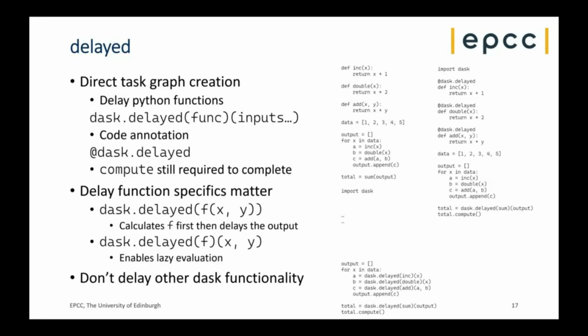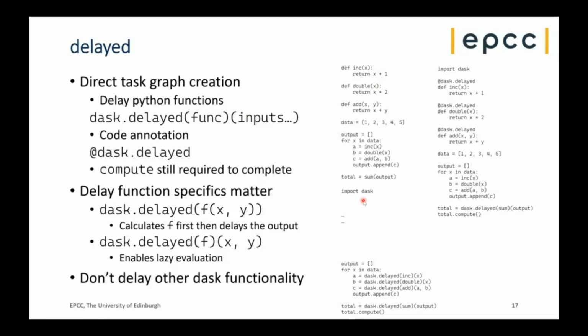Okay, and as I said before, it's also possible for you to not necessarily use any of these underlying data structures from Dask, but to actually just build your own task graph and tell it what data needs to go between the different stages. And so you can do that with what's called delayed functions in Dask. So there's an example here.